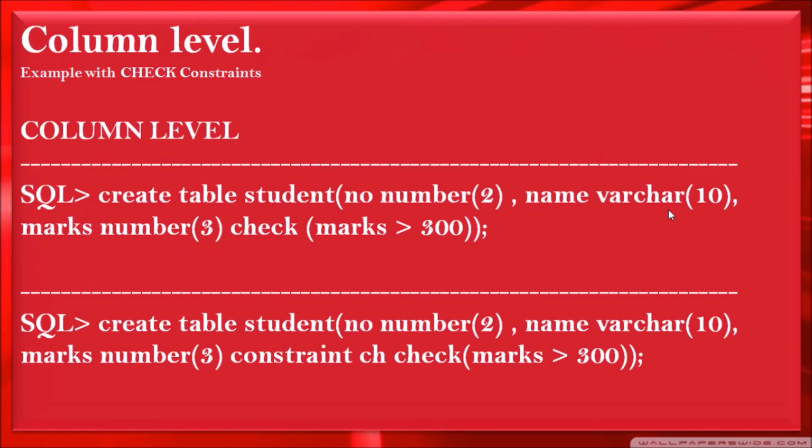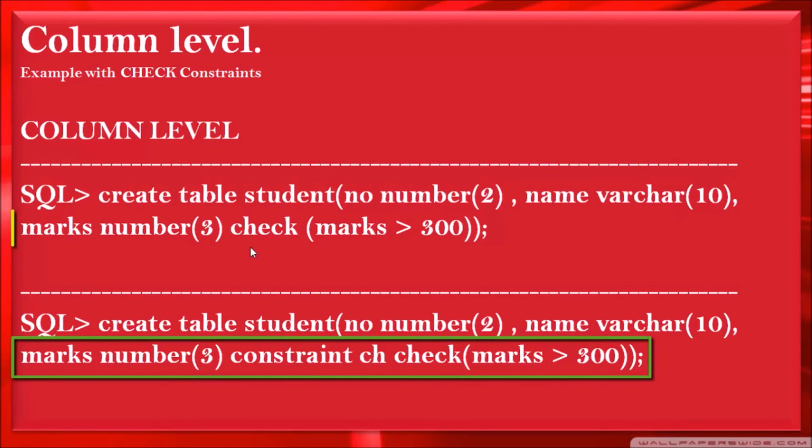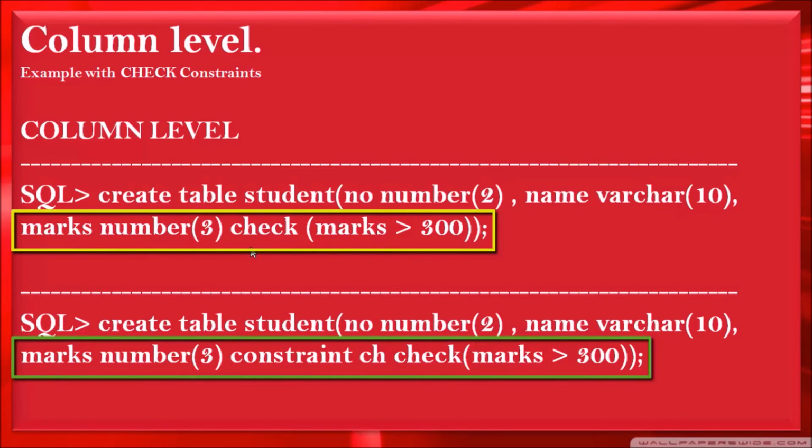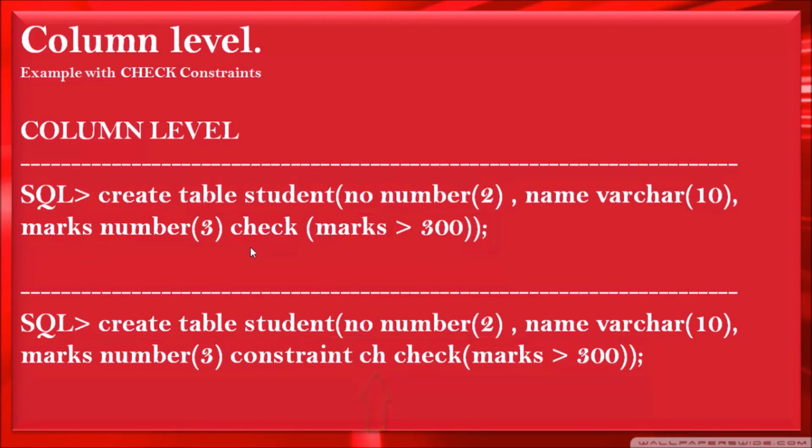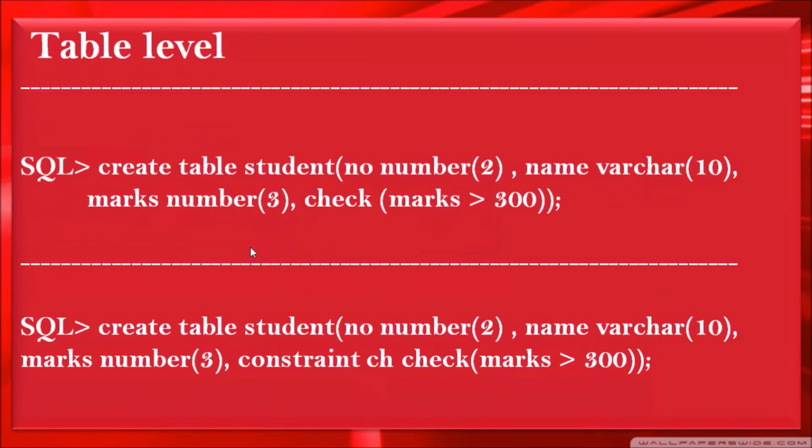Let's see the example. A column level constraint we can define along with the column definition. You can see here a column level constraint defined with the marks column. Here you can define a column level constraint with a constraint name also. If you do not provide any constraint name, Oracle takes a default name for the respective constraint.